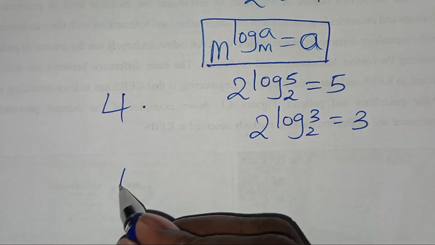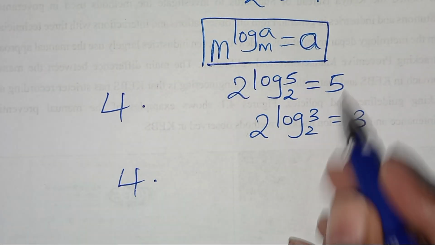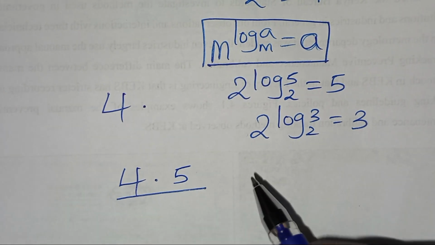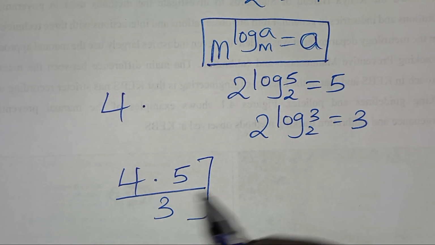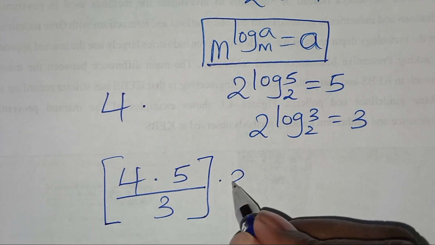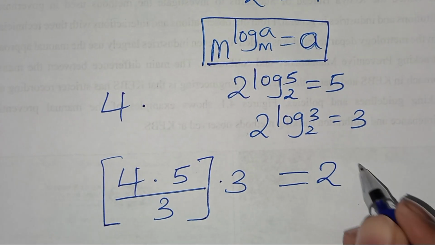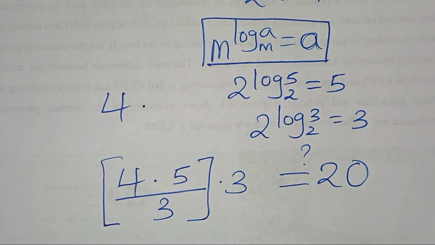So we have 4 times 5 divided by 3, everything here multiplied by 3. This is supposed to give us a value of 20.